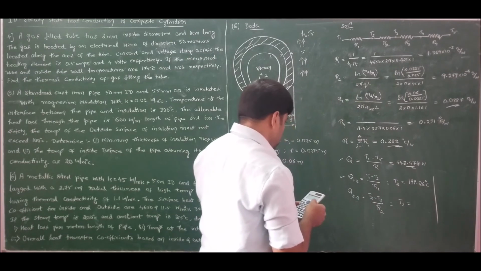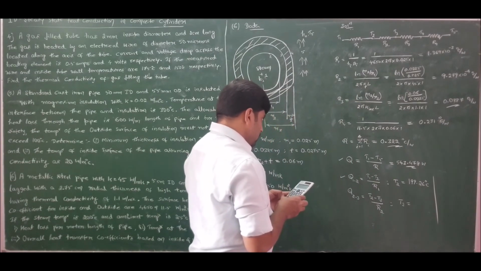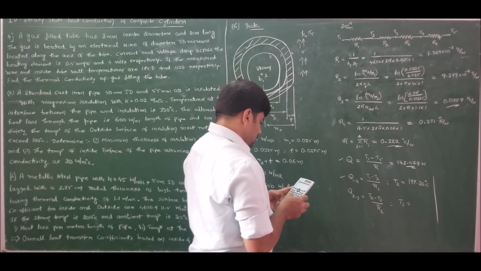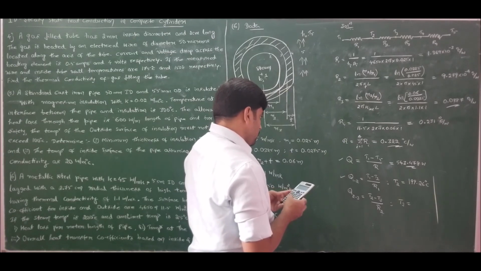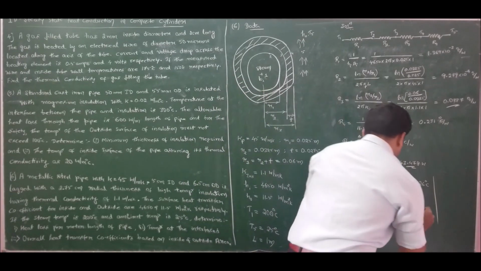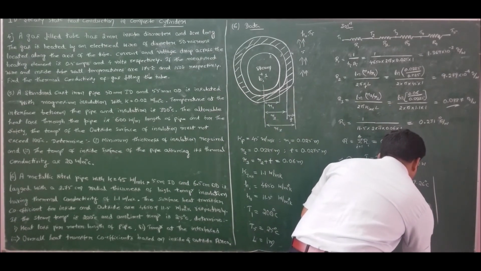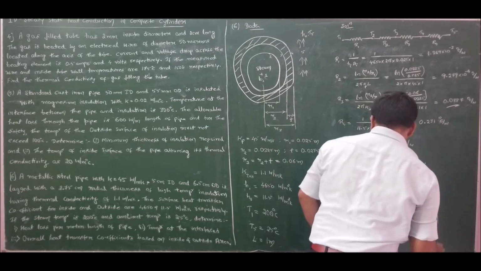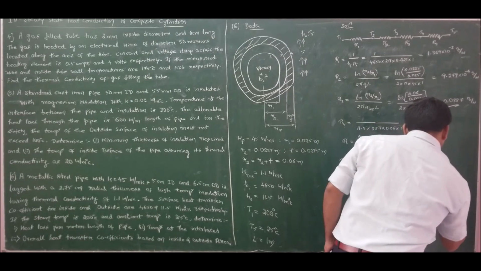Whereas T3 is turning out to be, Q is 543.478 into R2 is 9.279 10 power minus 4. T2 minus answer, T2 is 199.26 minus answer is 198.76, 198.76 degrees Celsius. Next, use Q3 to 4 and find T4.